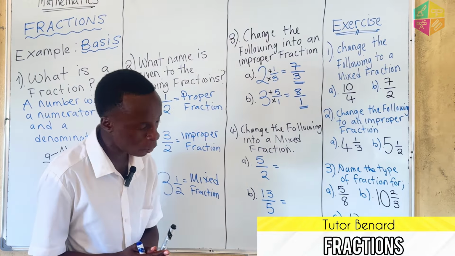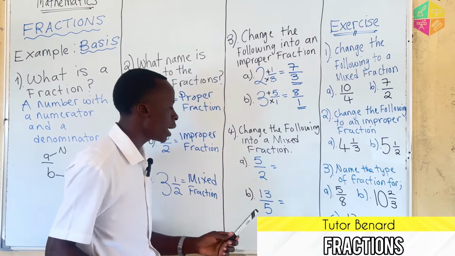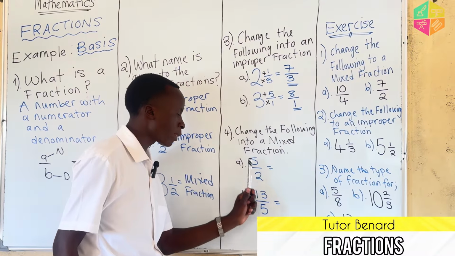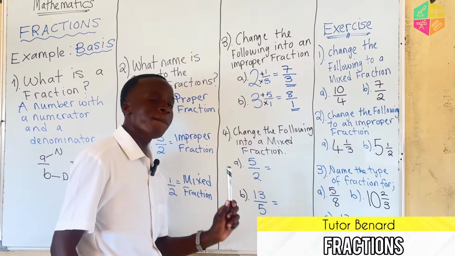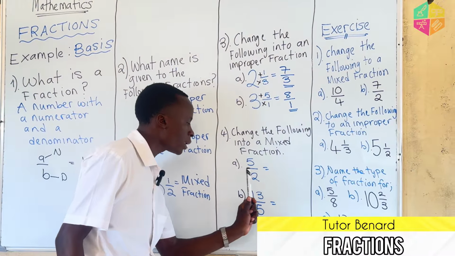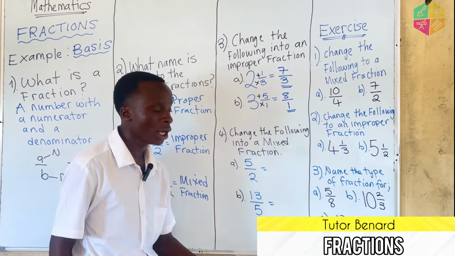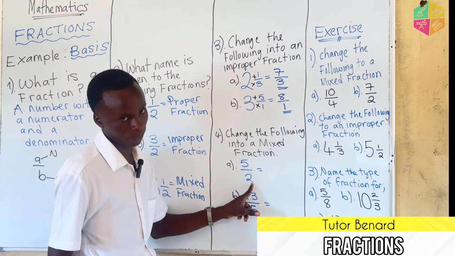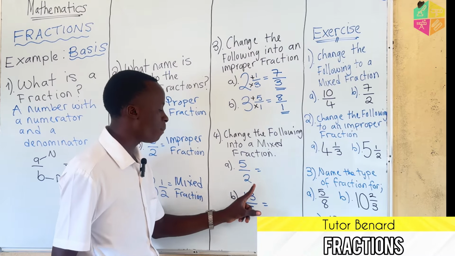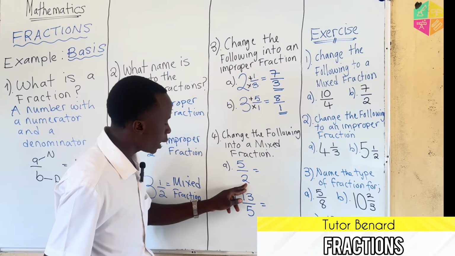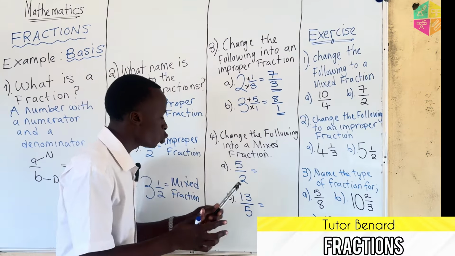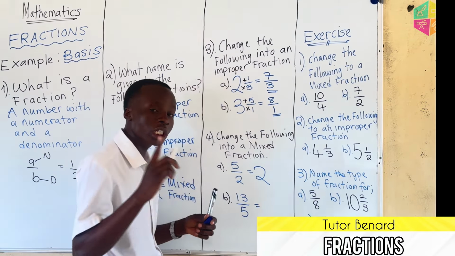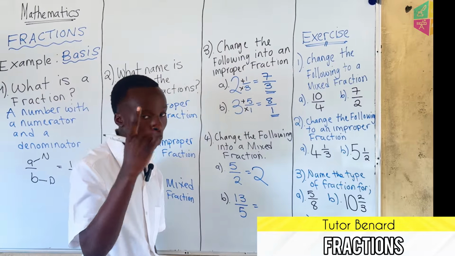It is very simple. We pronounce this as 5 over 2, meaning this over sign that you are seeing here means division. So you are just going to divide this 5 by the 2. How many times does 2 go into 5? 2 goes into 5 two times, which is 4, remainder 1.